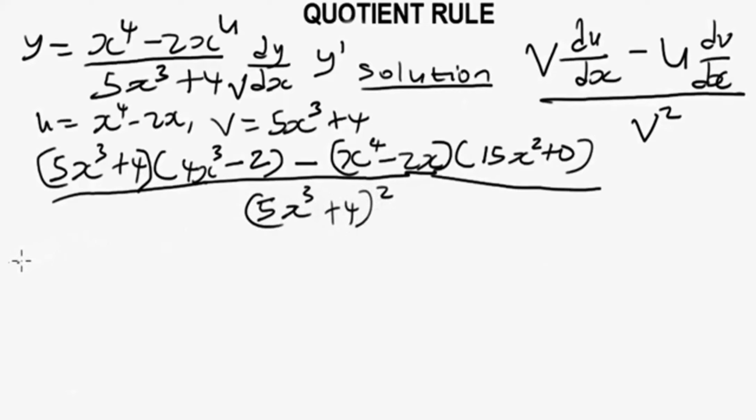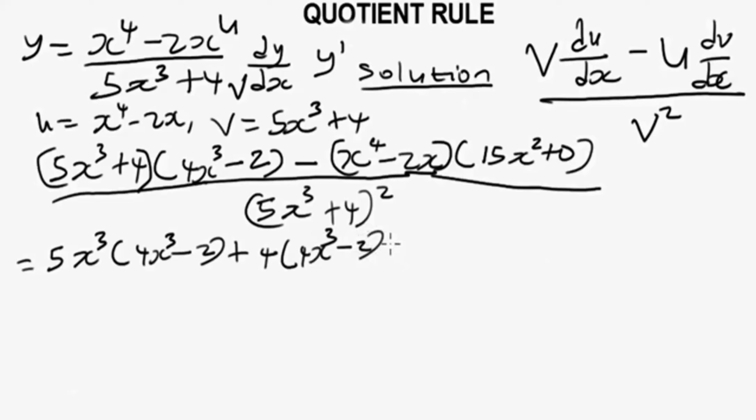So let's expand the numerator values. We have 5x^3 multiplied by 4x^3 minus 2, then plus 4 multiplied by 4x^3 minus 2, minus, this time around, x^4 multiplied by 15x^2.